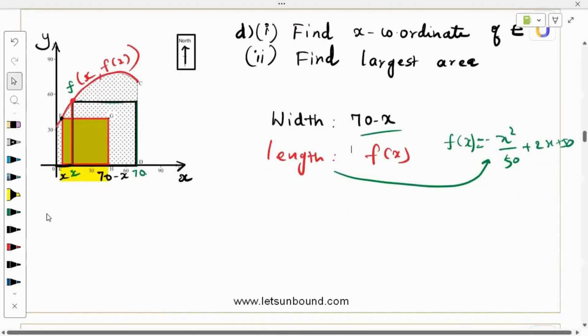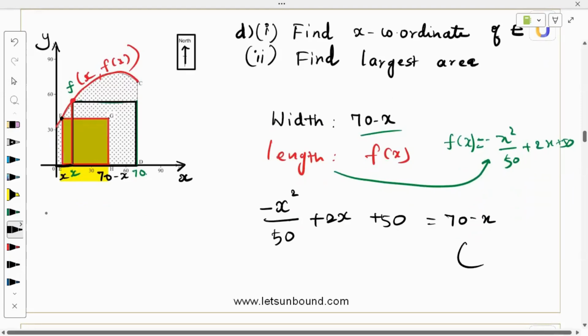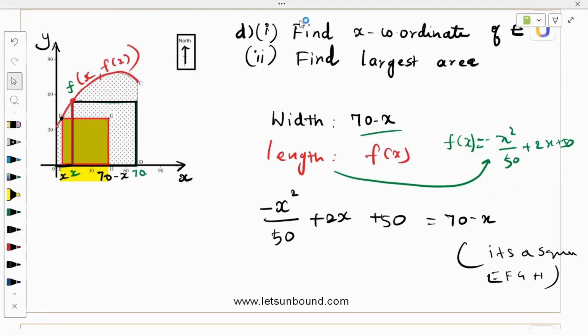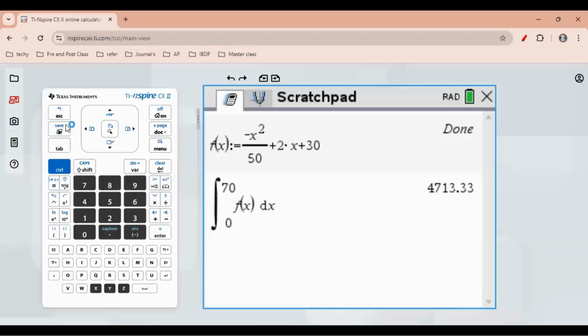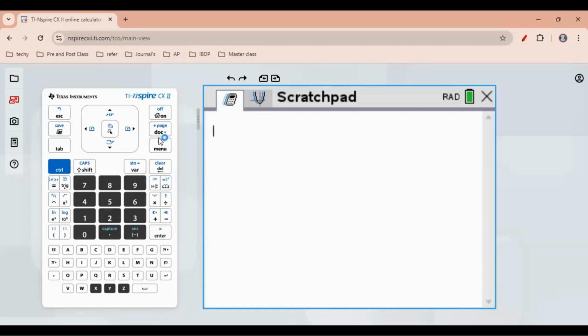And it's quite simple. We can just solve it using the calculator. Minus x squared by 50 plus 2x plus 50 equals 70 minus x. Why am I equating? Since EFGH is a square. And we need to switch to the graphical solving equation on the GDC.